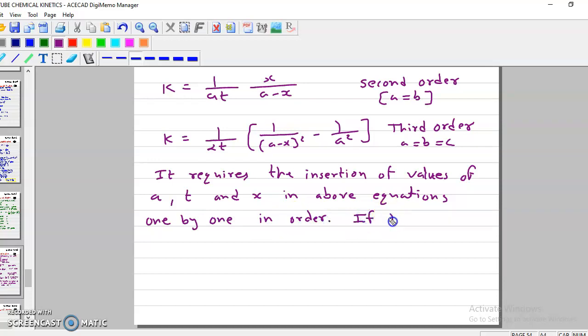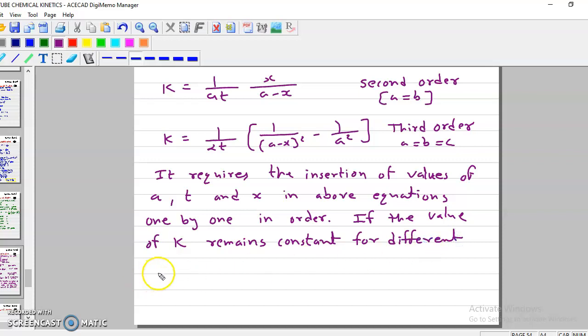If the value of K remains constant for different X and T, then that will be the order of reaction.